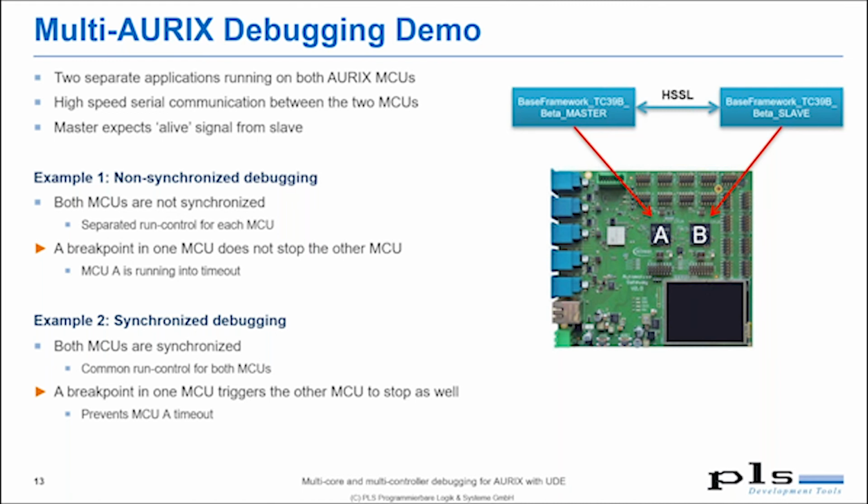In the second example, where we enable the debug synchronization for both controllers, the master controller was also stopped at the same time, the breakpoint was hit in controller B, we stopped in controller A as well, and we did not enter the timeout or the failure state. So the complete system can be debugged with this solution.